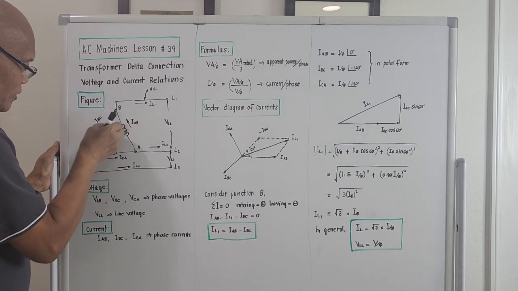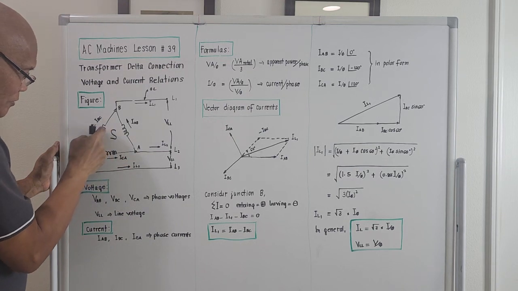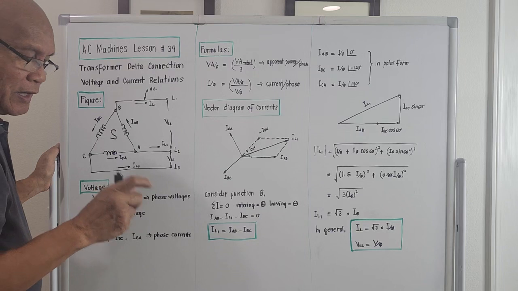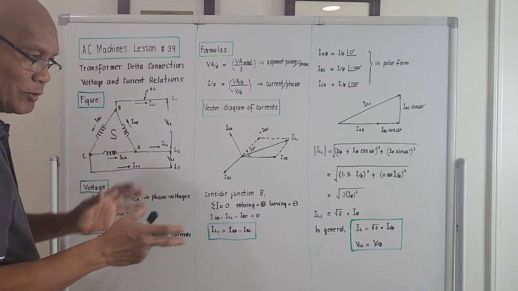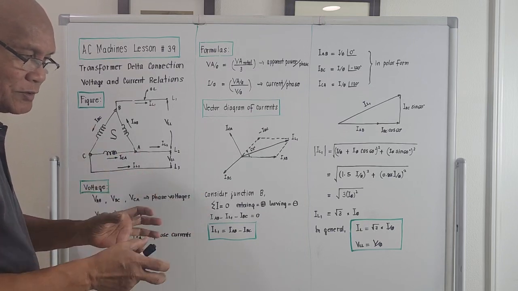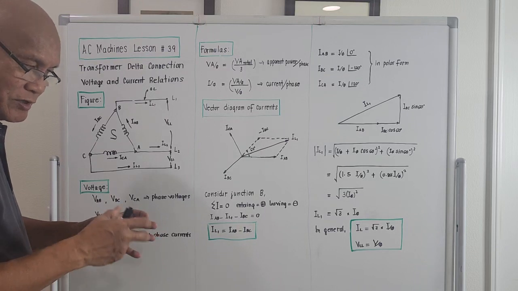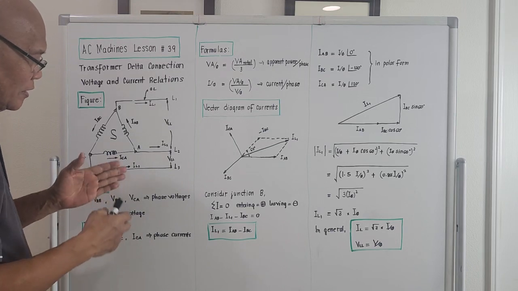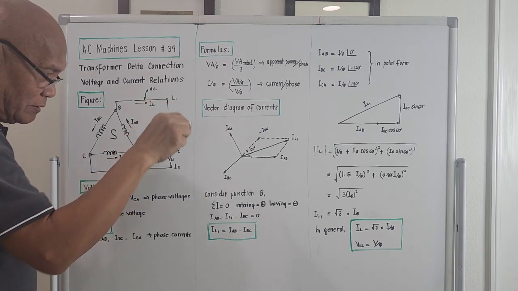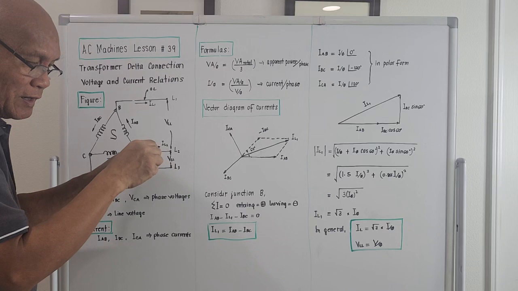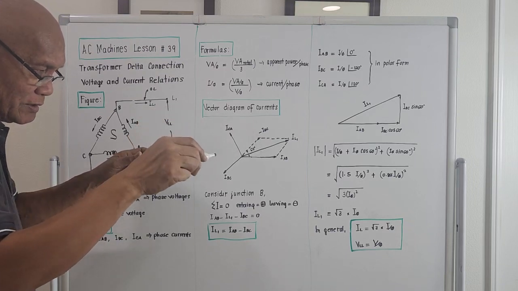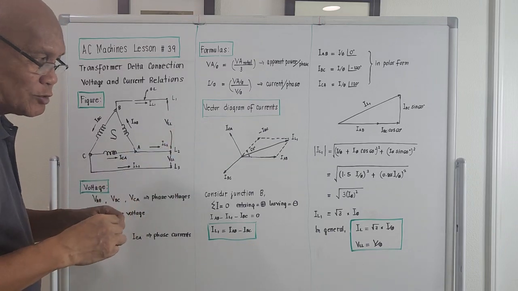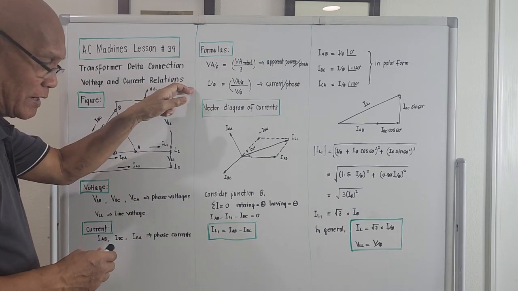The currents circulating in the windings are all similar, but their angles with respect to each other are different because they don't occur at the same time as the voltage is induced on the secondary. The first one will occur ahead, the next one will lag behind by 120 degrees, and the third one will lag behind by 240 degrees. That's why it is three phase.